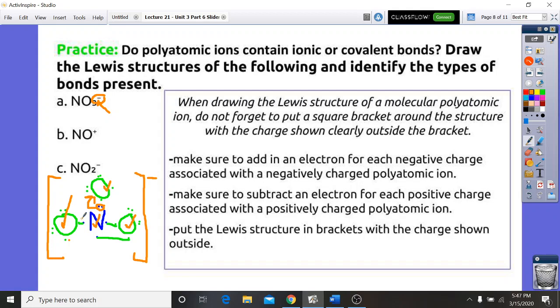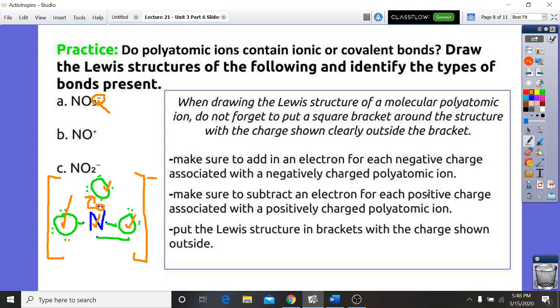Basically, now you can see why polyatomic ions are the way they are. They pick up electrons or they lose electrons from areas so that they can be complete with their octets and they can feel stable. This oxygen needed an electron, therefore the molecule has already gained one. Checking out what's written here. Make sure to add in an electron for each negative charge that is on the polyatomic ion.